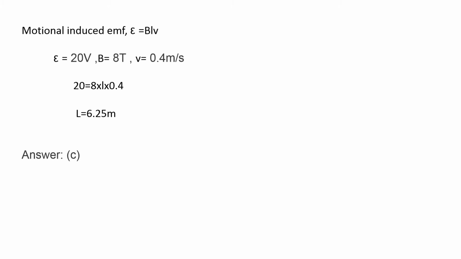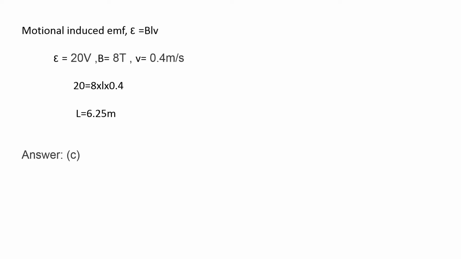You know the motional induced EMF. Here the conductor is moving, so the induced EMF is given by epsilon equal to BLV, or B into L cross V, or you can say epsilon equal to BLV sine theta. Here theta is 90 degrees because B, L and V are mutually perpendicular to each other.